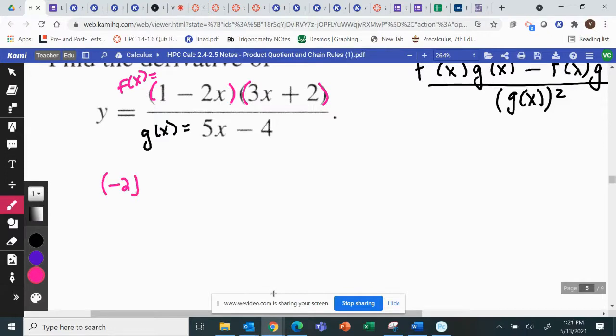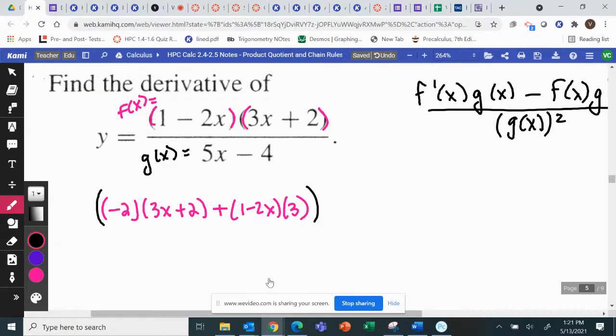And I'm going to multiply that by 3x plus 2 plus 1 minus 2x multiplied by the derivative of 3x plus 2, 3. So that is f prime of x. That's what I just did there.